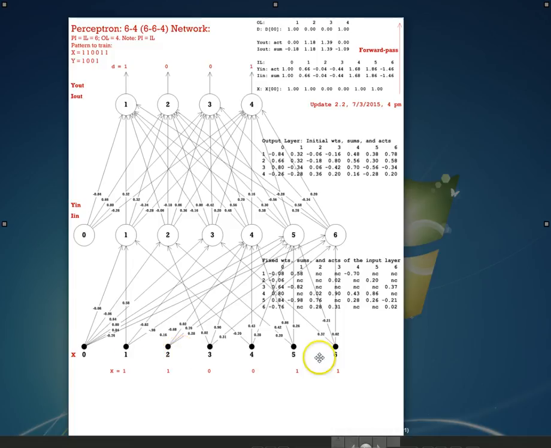So if you have 6 primary inputs, the input layer would automatically have 6 input elements. That's why it's sometimes called simply 6-4, meaning you would have 6 in the primary and 6 in the input layer, and you had 4 elements in the output layer.